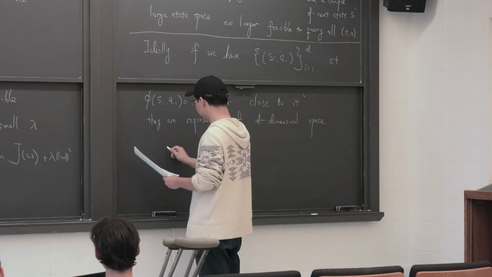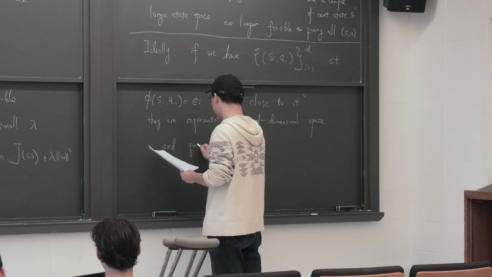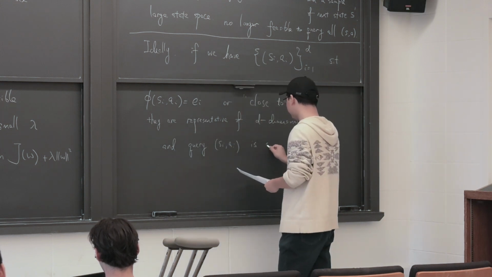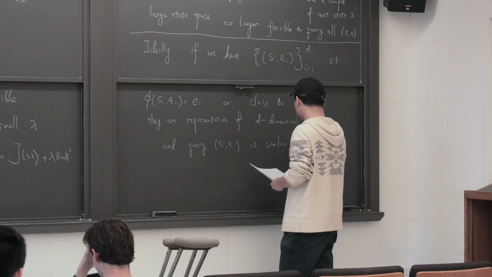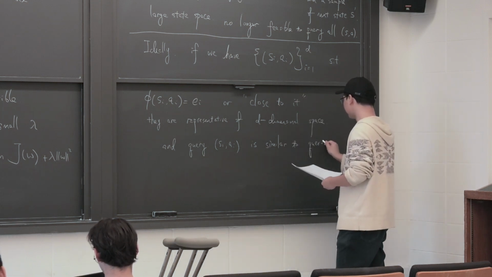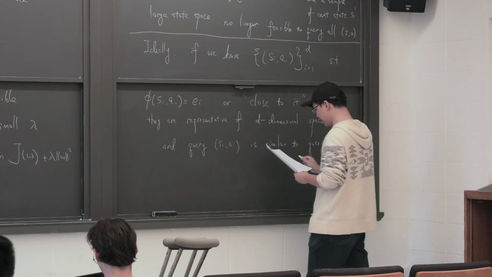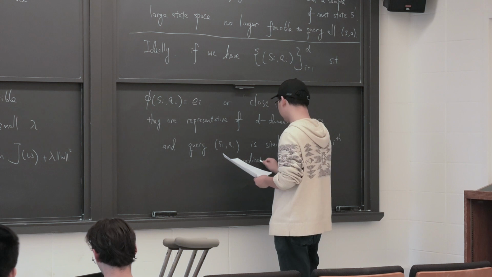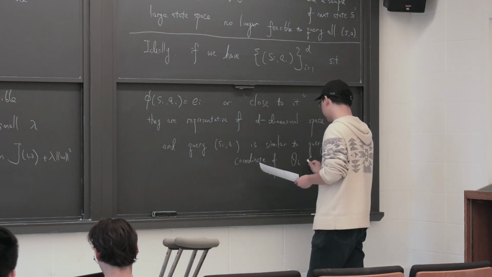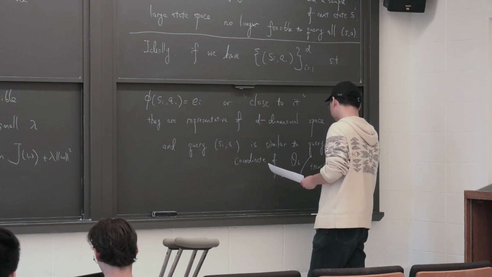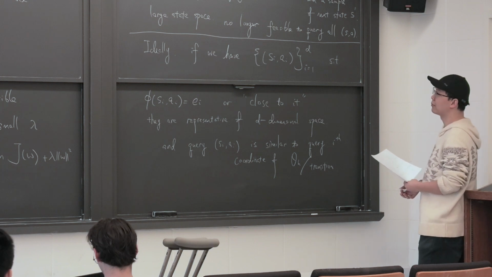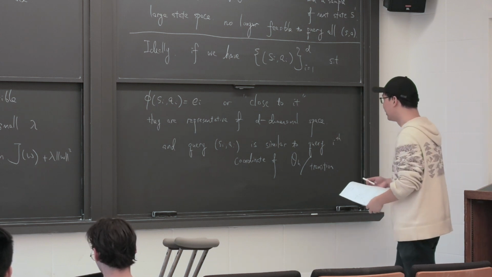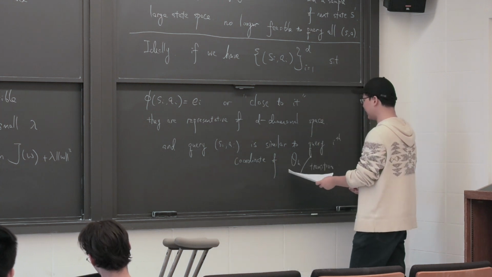And querying SAIAI is similar to querying the ith coordinate of theta I. Because we assume both reward and transition are linear, as an inner product of some phi h with this feature map, if we can query some basis vector, then we directly know one dimension of theta h.